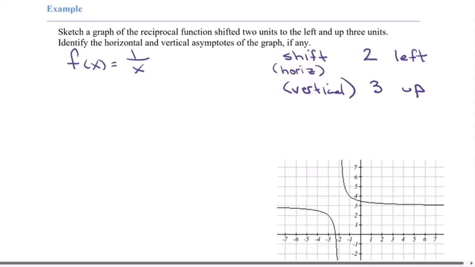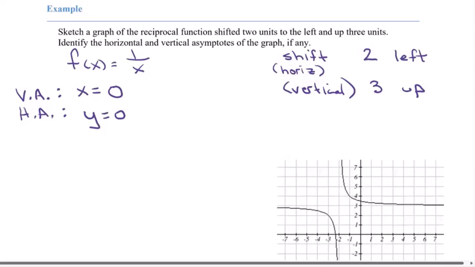Well, on our original 1 over x, we said our vertical asymptote, and I'm going to abbreviate it as VA, is x equals 0. And our horizontal asymptote is at y equals 0.